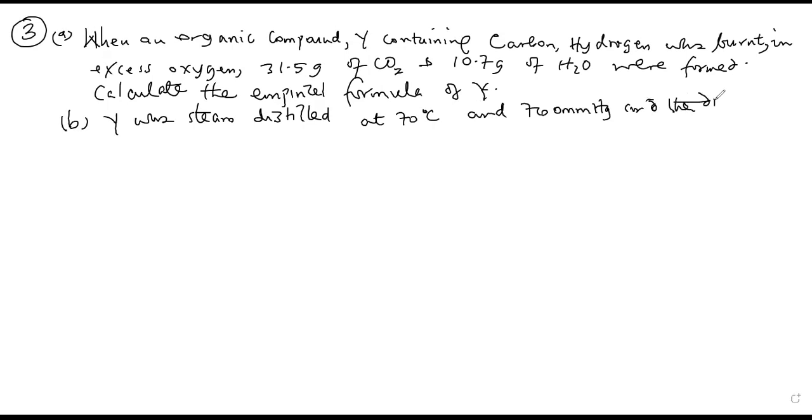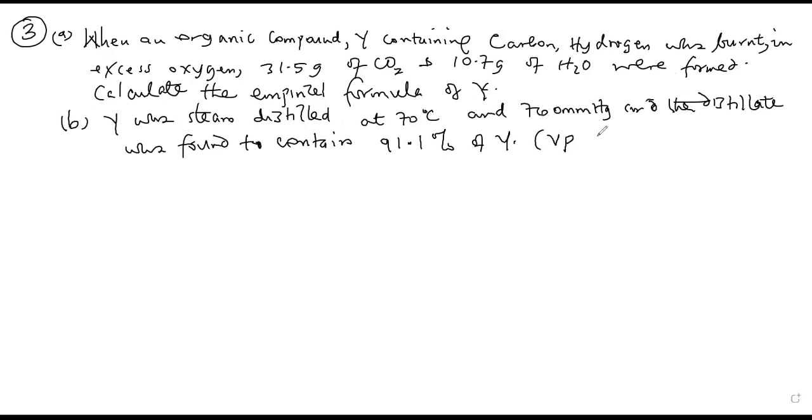And the distillate was found to contain 91.1% of Y. Vapor pressure of water at 70 degrees Celsius is 234 millimeters of mercury.